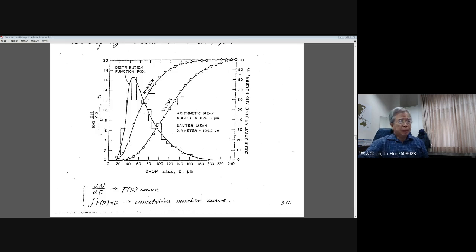Now, the number is one factor to think about. But people also think about the spread, meaning the total volume you may have and the total surface you may have. Then they do different kinds of integration to see the cumulative volume or surface curve.